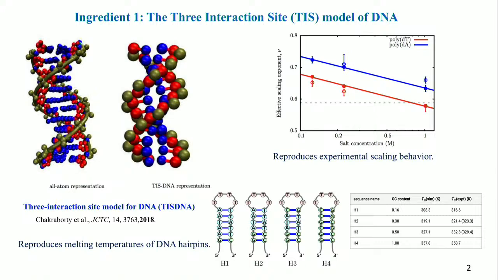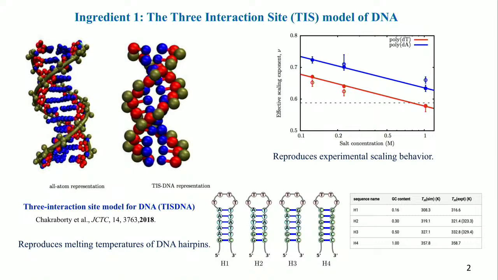And what we find is, if we look at how this exponent nu varies with salt concentration for poly-dA and poly-dT, you see that the values are quite different, and it is consistent with what has been predicted from experiments, which are shown here in open symbols. And the important part here is, no matter which salt concentration you go to, poly-dA never goes to the random coil limit, which is around 0.588. But for dT, you actually cross this limit at intermediate salt concentration. So our model captures this sequence-dependent behavior of poly-dA and poly-dT sequences.